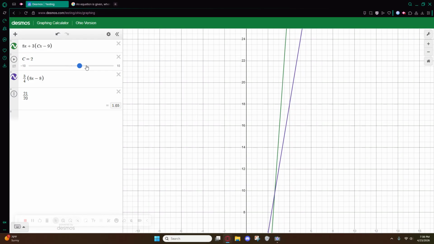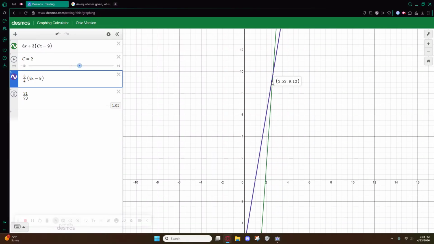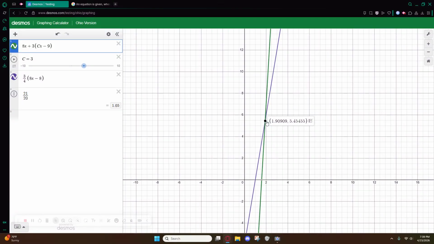Let's go to c equals 2. 2.625. Not there. C equals 3. 1.90909 repeating. Not there. Getting close to 1.05, but not quite there yet.